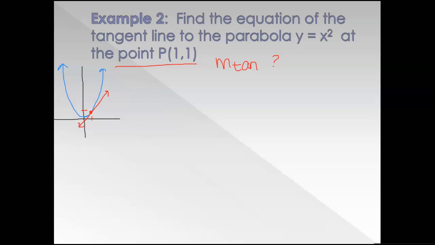We previously said that the slope of the tangent is equal to the limit as h approaches 0 of the slope of the secant.